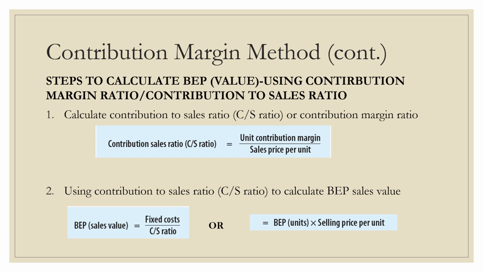It can be calculated by dividing the fixed cost by the contribution to sales ratio, or by multiplying the break-even point in units by the selling price per unit, to get the break-even point in sales value.